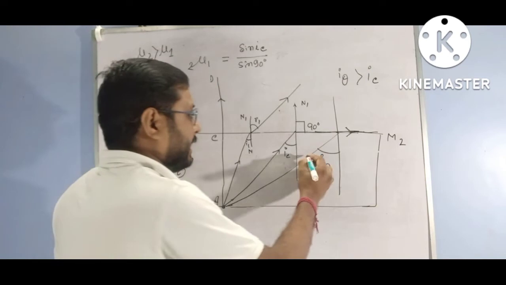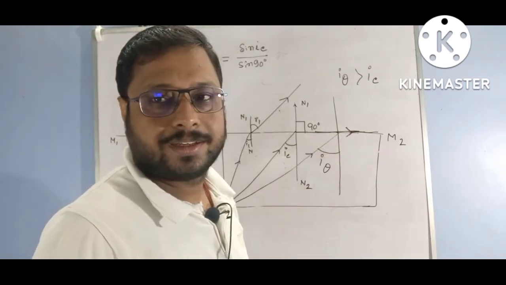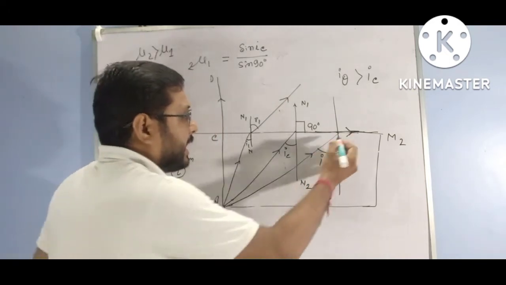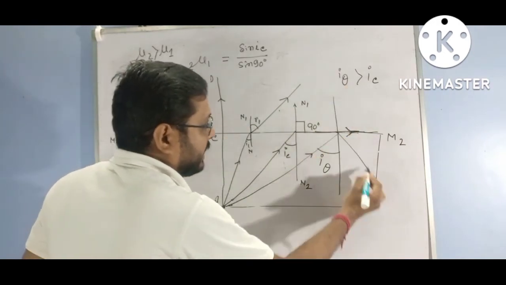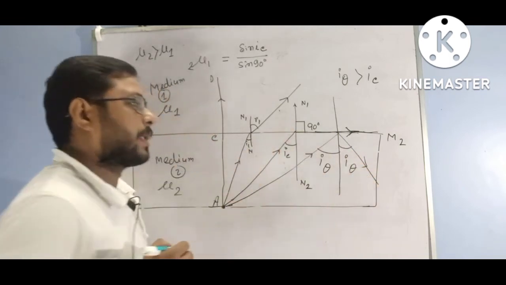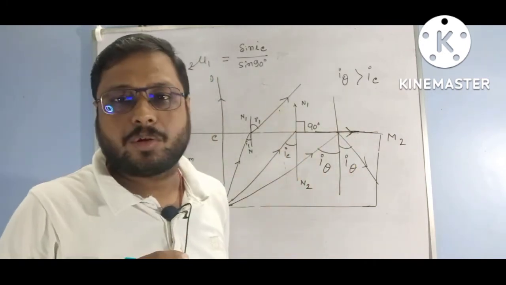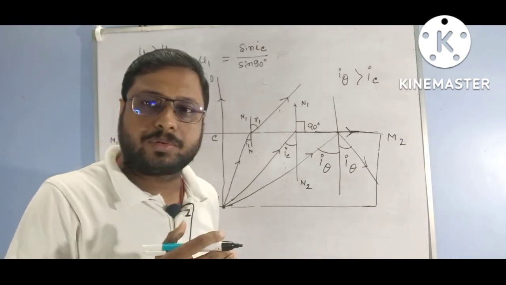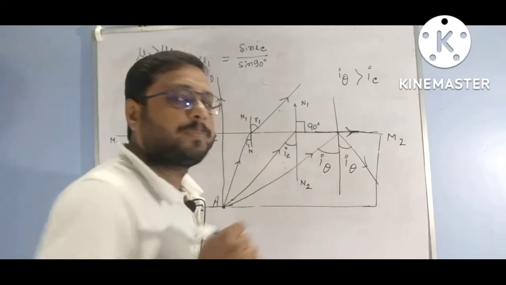Then the angle of refraction could not be greater than 90 degrees. The maximum value of the angle of refraction is 90 degrees. So the ray cannot go to the other medium; it is totally reflected back into the same medium with the same angle of incidence. So, in spite of refraction, a reflection occurs in which the whole ray comes back into the same medium.